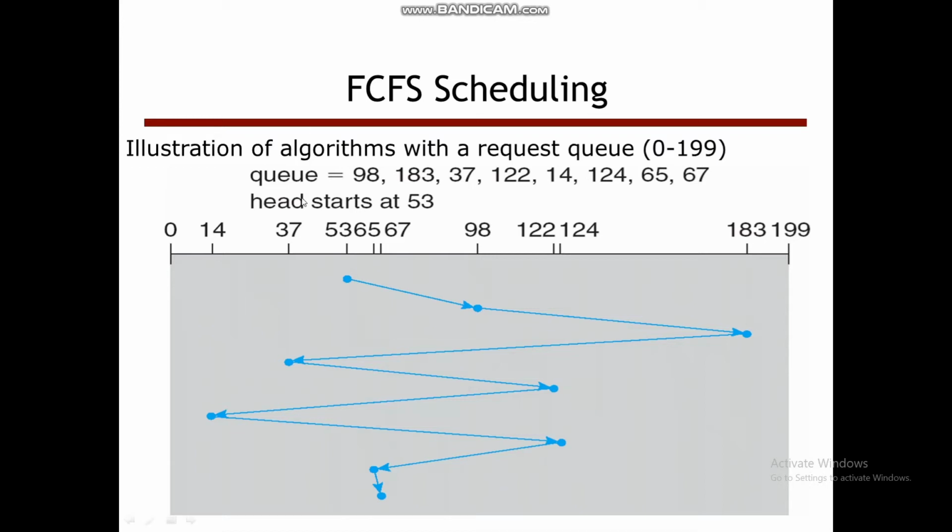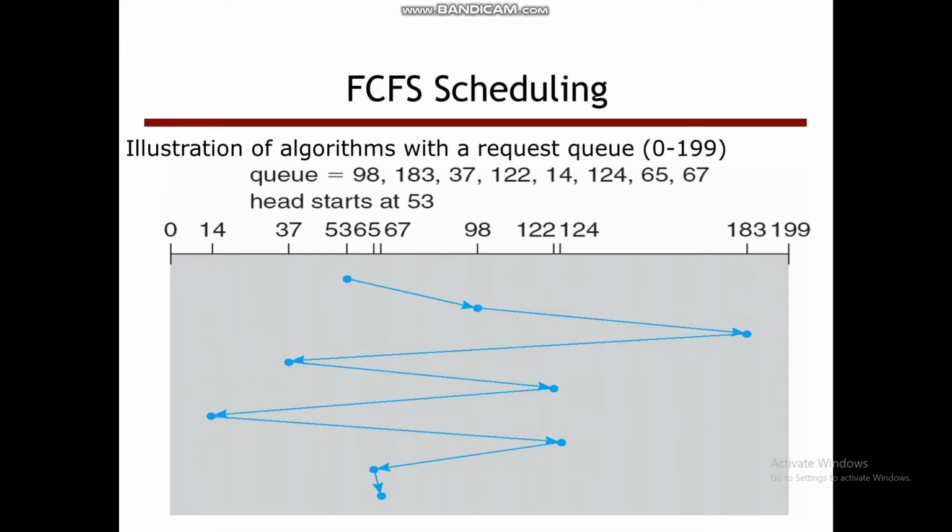For the illustration of this example, we are taking a queue of 98, 183, 37, 122, 14, 124, 65 and 67.